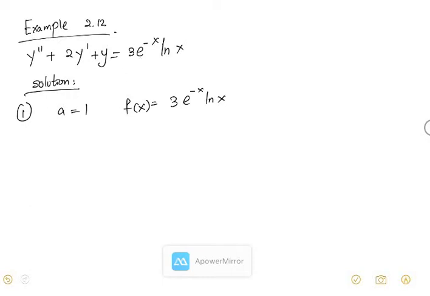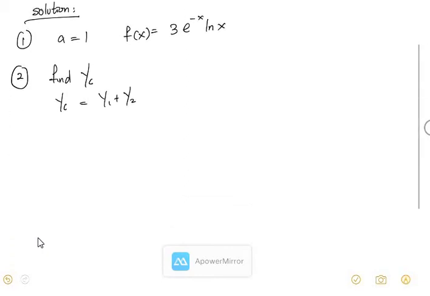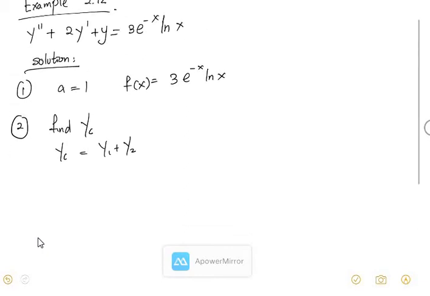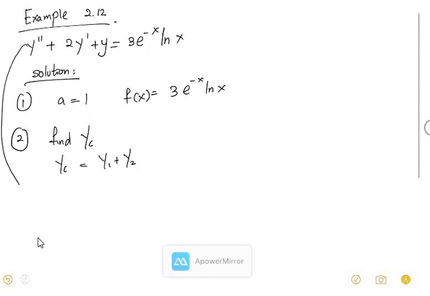A is the constant from the y double prime, that is 1. And f(x) is 3 exponent negative x ln x.